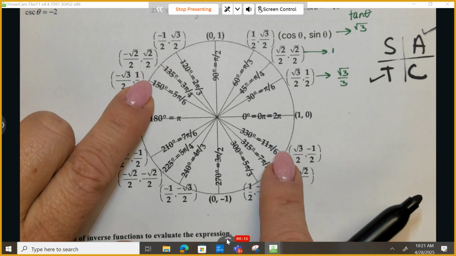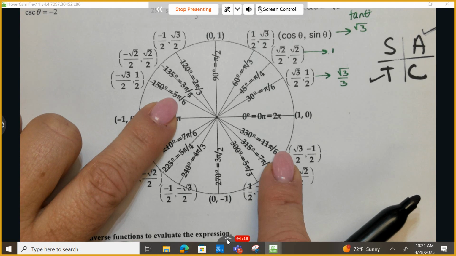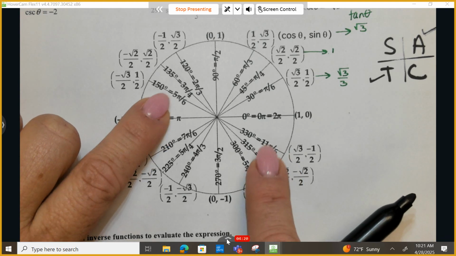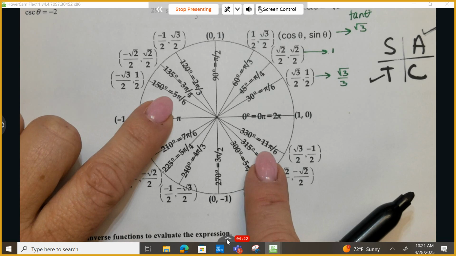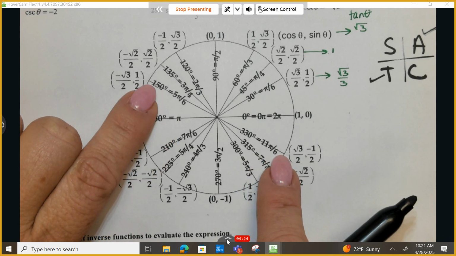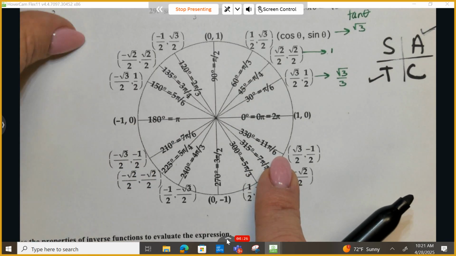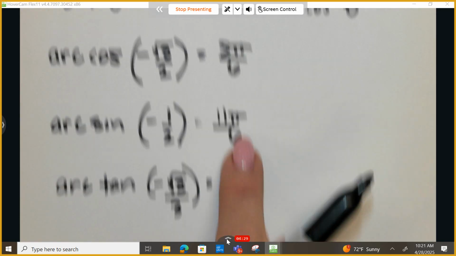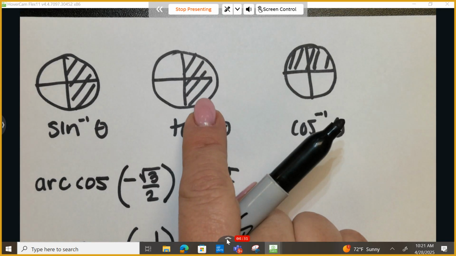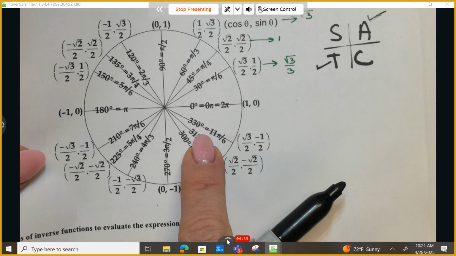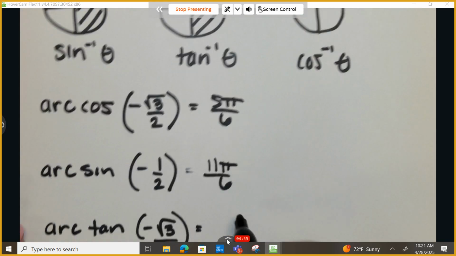So the correct answer would be 5 pi over 6 and 11 pi over 6. But how do I know which one is the correct one? So I'm down to these two. Then I look back to my picture. Tangents have to occur in 1 and 4, making the only answer 11 pi over 6.